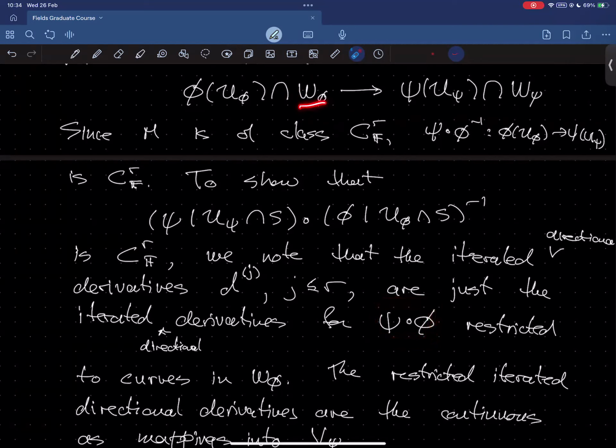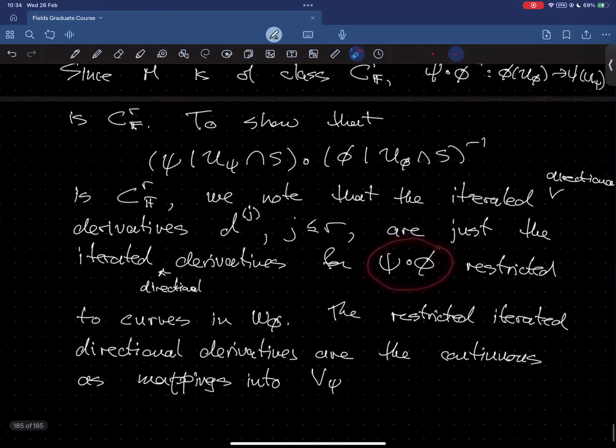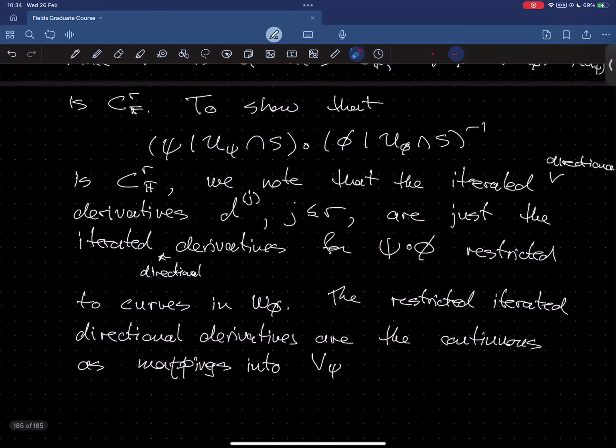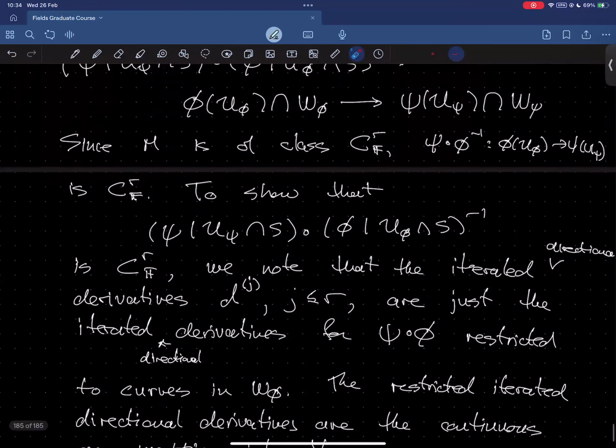Now I know because this thing is CRF that those directional derivatives are going to be continuous as mappings into the full space V psi. But what I want is the directional derivatives to be continuous as mappings into W psi.